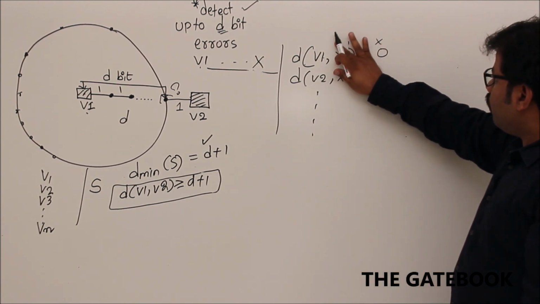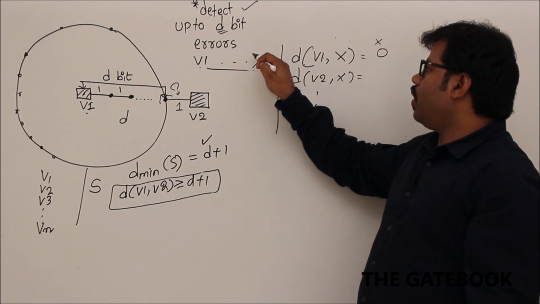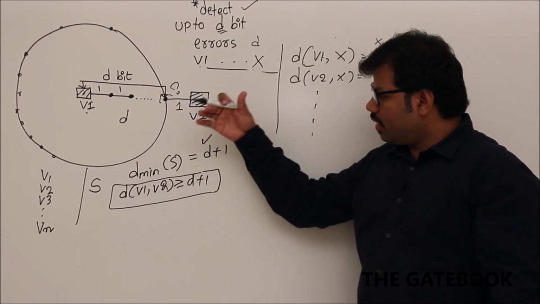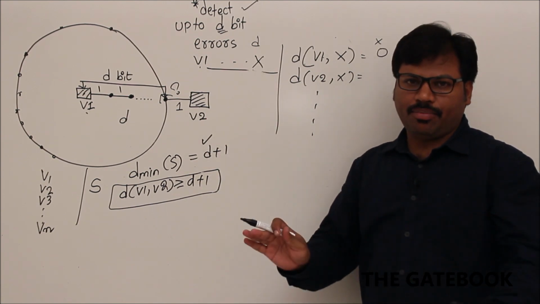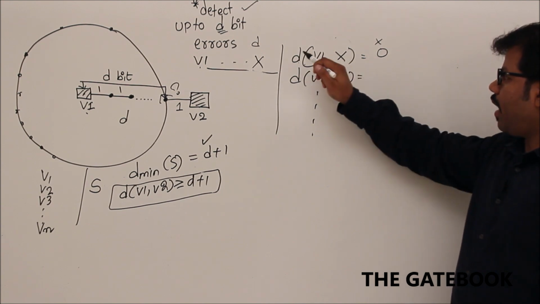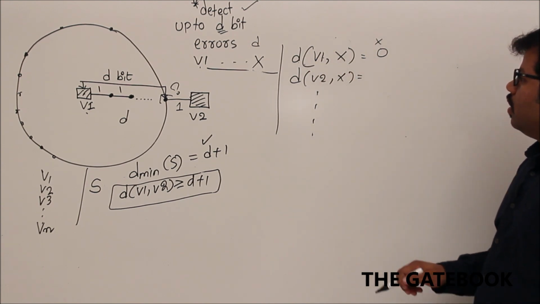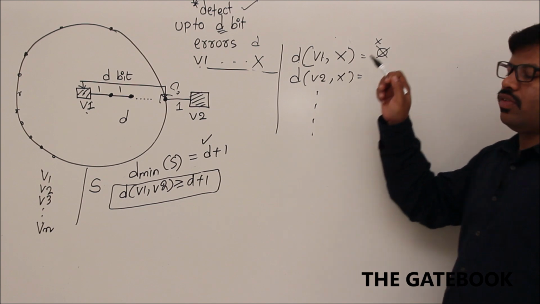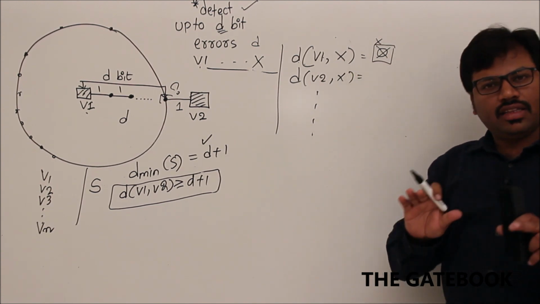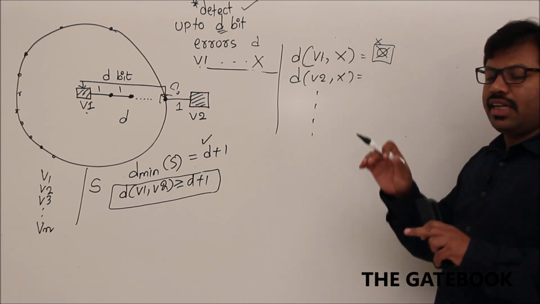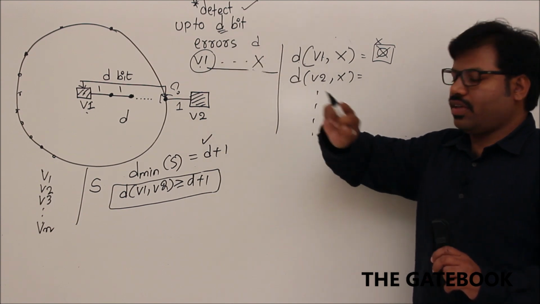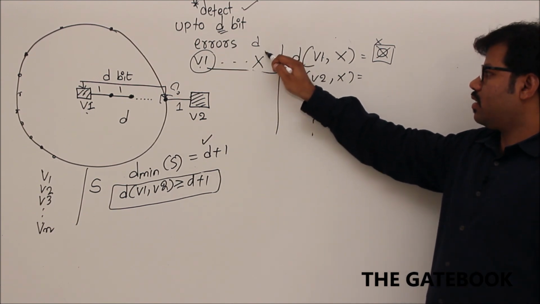Now, what if it has errors up to, let's say, d bits? Already you know that the resultant pattern cannot be any valid pattern. So if you apply the distance between that pattern and V1, V2 and all, you never get 0. Why, sir? To get 0, x should become another valid pattern, because x has errors. So that cannot be. Example, here you are sending V1, right? So you are getting x.